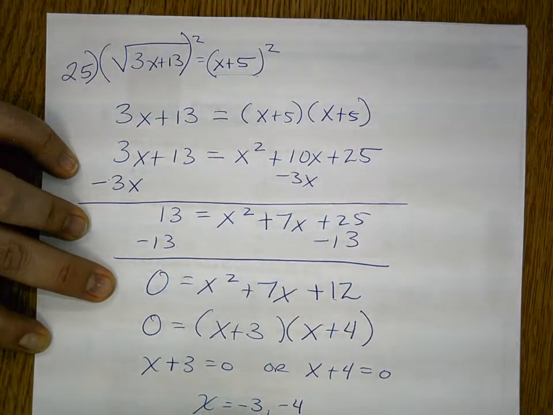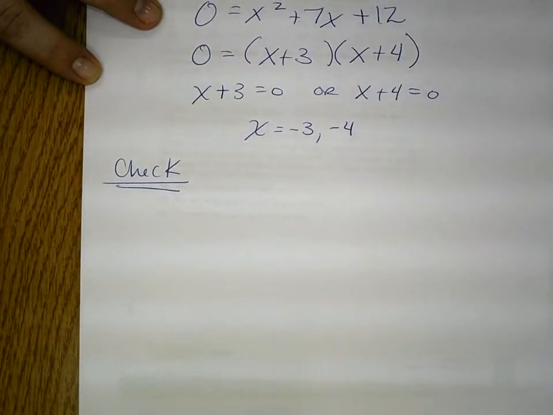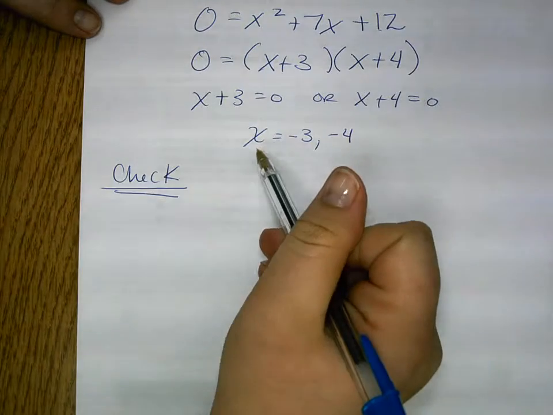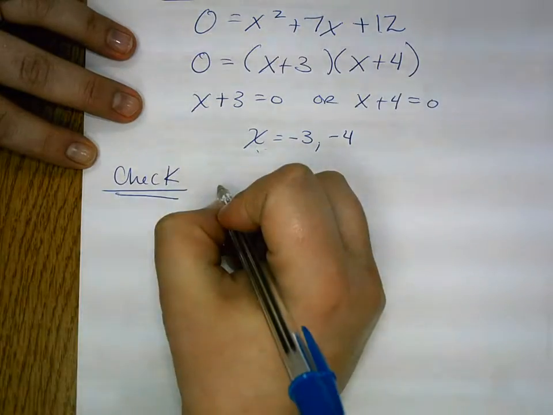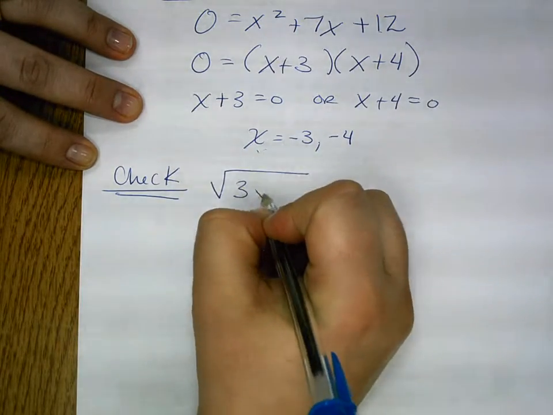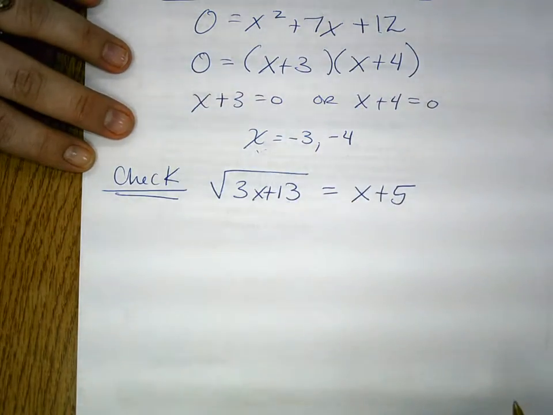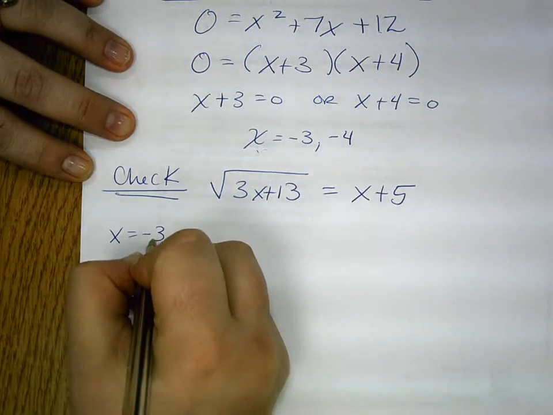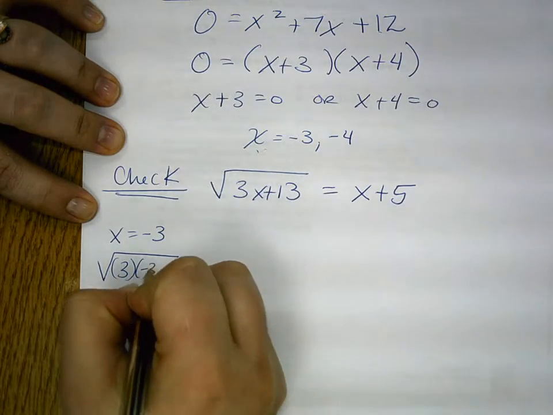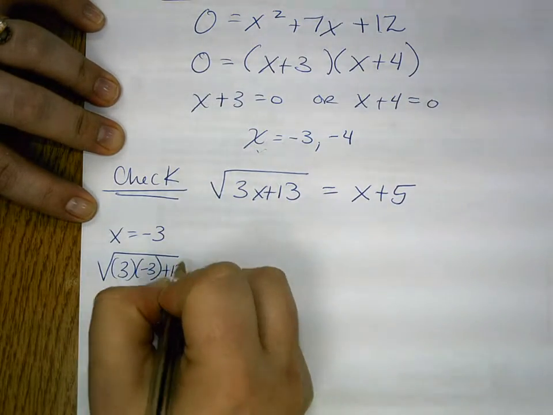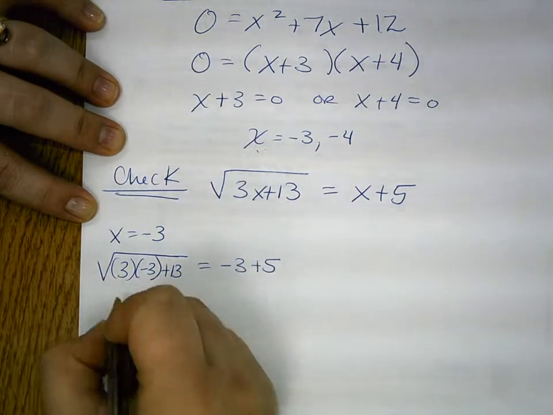Now we have to check your solutions. So we have that x is equal to -3 or x is equal to -4. Now the most important part of this part is we have to check in the original equation. So if x is equal to -3, then the square root of 3 times -3 plus 13, is that going to be equal to -3 plus 5?